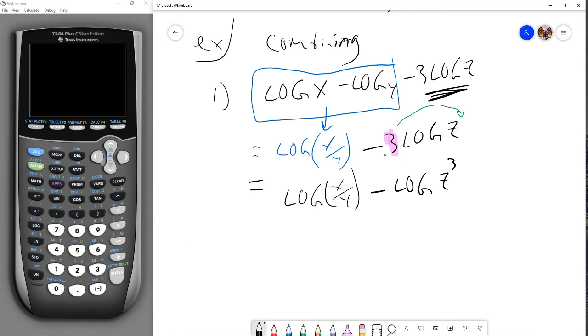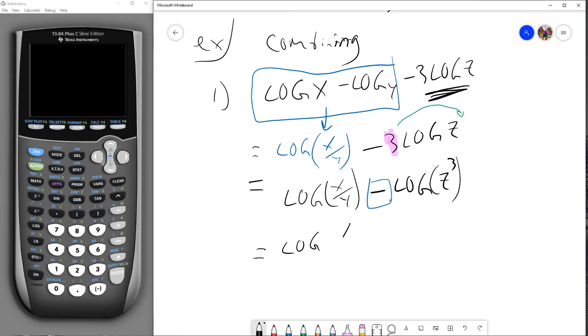We could have moved a negative 3 inside, so I have z to negative 3 and then have a plus sign here, or you can just move the 3 in and keep the negative there. It doesn't matter which way you go, you will get the same answer. At this step, this is the same as before, you just have a log minus a log now. So I can now use the division rule again.